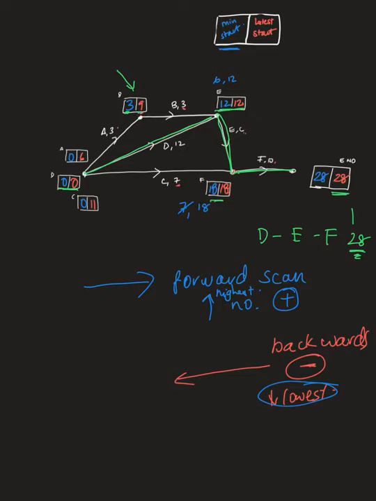And the latest I can start B without it interrupting the final time is 9. So the slack time is your latest start time minus your minimum. So 9 minus 3, which is 6. So I have a slack time or a float time of 6 hours, weeks, whatever this is defined as.